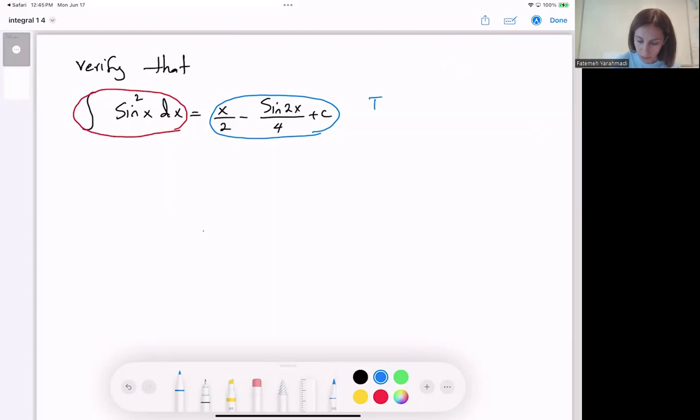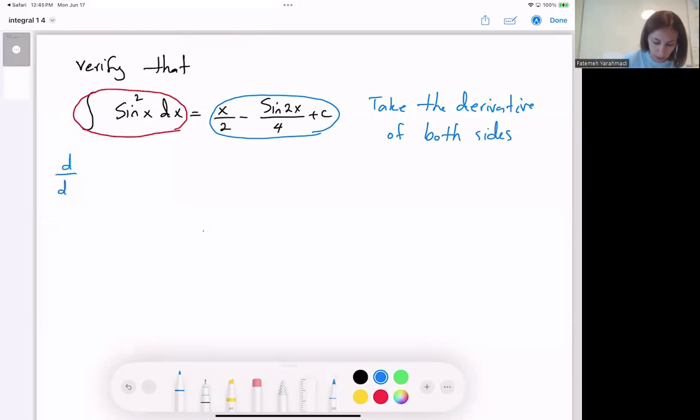So take the derivative of both sides. The derivative d/dx of the integral of sine squared of x dx.